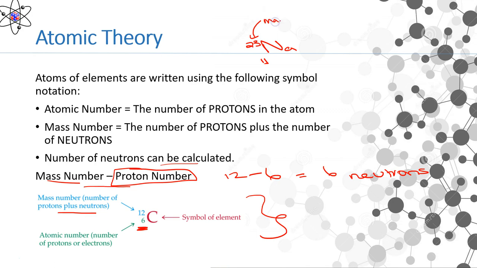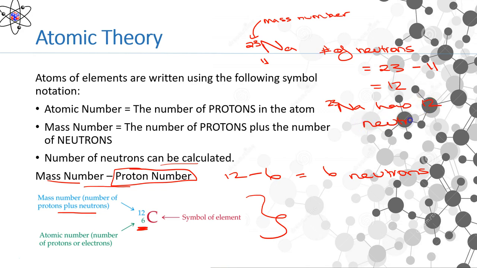So if I want to work out the number of neutrons, it is going to be equal to the mass number 23 minus the atomic number, which is my number of protons, 11, which means that sodium 23 has 12 neutrons. Nice and simple, that one. And you should have seen that before now.